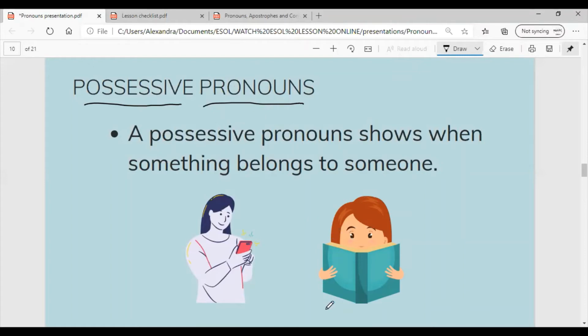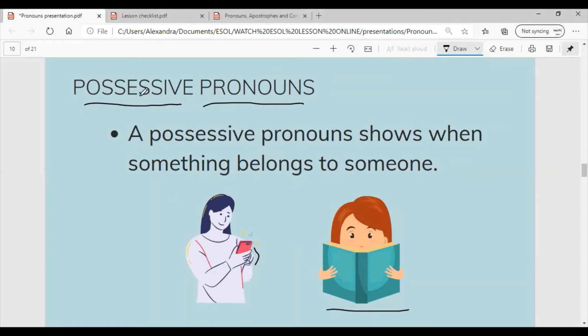So if you were to look at this girl reading her book, if you were to write a sentence, you would write the girl has a book, but if you were going to write it with a possessive pronoun, you would say she is holding her book. So the her tells us that it is a possessive pronoun, that this object belongs to her. And the same for this lady holding her phone. It is her phone.